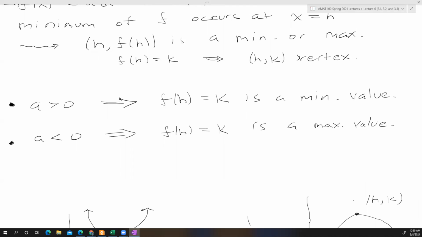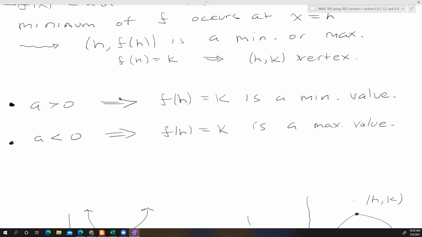So as I said, a quadratic function always has a minimum or a maximum, and the minimum value or the maximum value occurs at f of h is equal to k. We call these points extrema. So an extrema is guaranteed to exist, but we don't know whether that extrema is a minimum or a maximum.